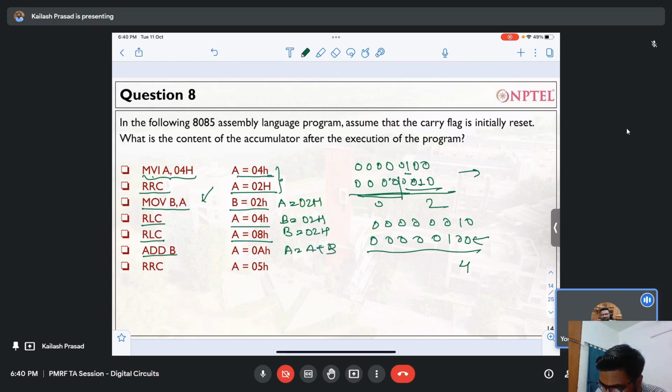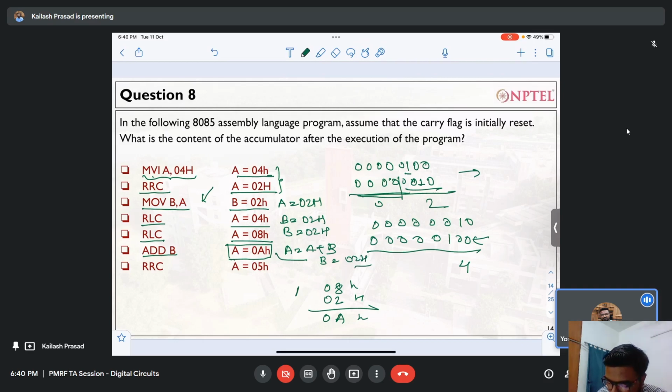So we have to add 08 and 02. In hexadecimal, 8 plus 2 is actually 10, but in hexadecimal it is A. So the value of A is 0A, and the value of B over here is 02, because B has not changed.